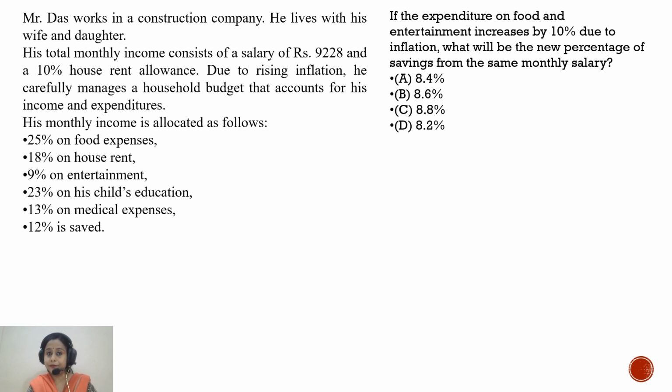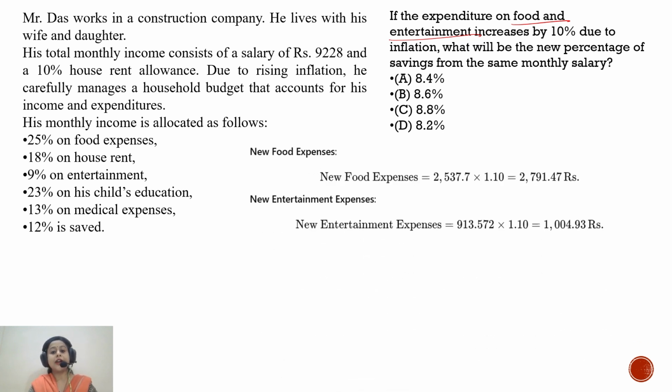This is a little complex one, because you have to find out the answer in multiple steps. First you have to find out how much is the new expenditure due to inflation. Since there is a 10% increase in expenditure on food and entertainment, first we have to find out what is the new food expense and what is the new entertainment expense.